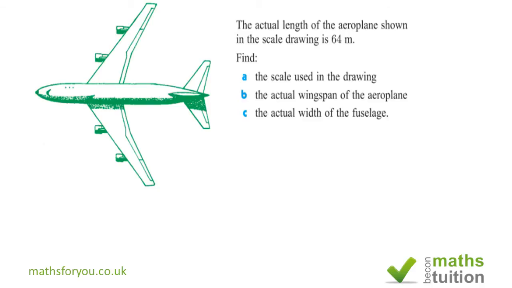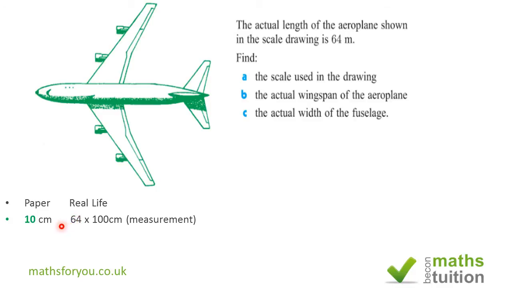Okay, now to do that, as before, we're looking at paper and real life. On paper, I've measured 10 centimeters. That's from there to there. Now, in real life, it measures 64 meters.